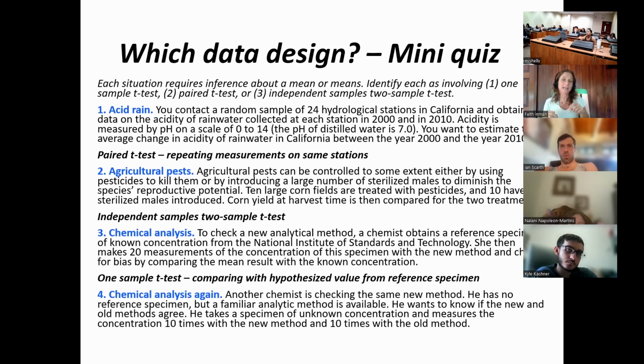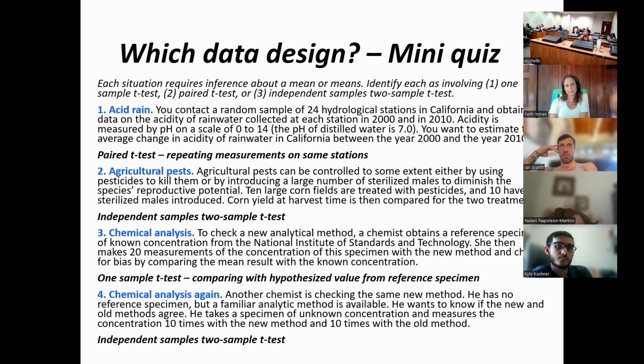If he had taken a sample from that population and split it in two and measured with the old method and the new method, that would be more like a paired t-test. But in this case, he just took a sample, a sample, a sample, a sample. So I think this is going to be an independent samples two sample t-test.